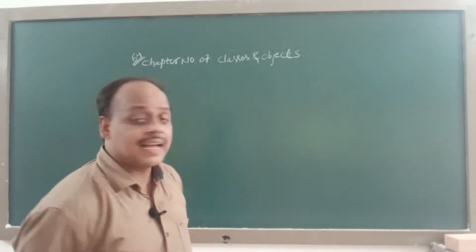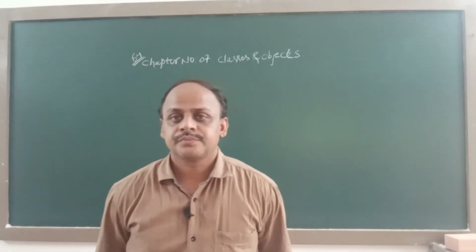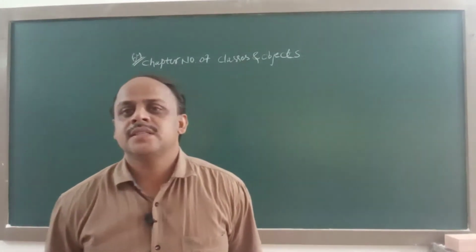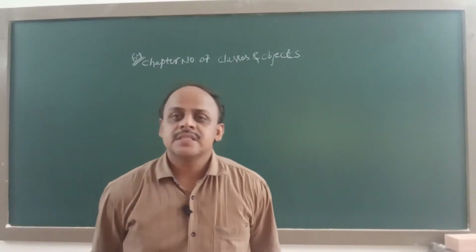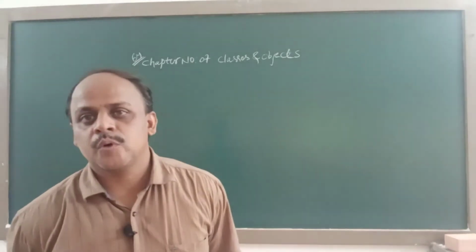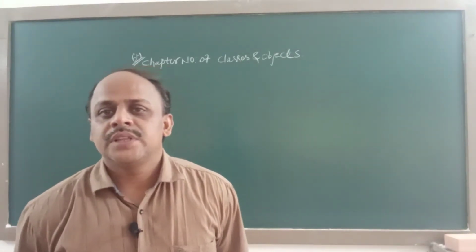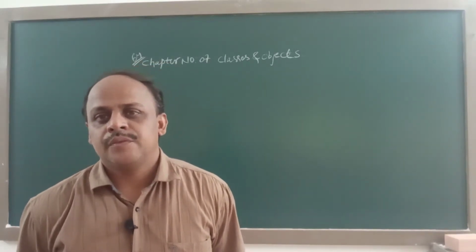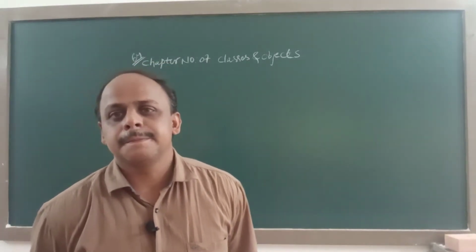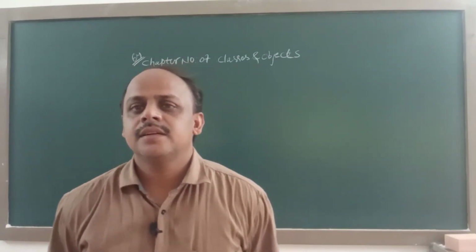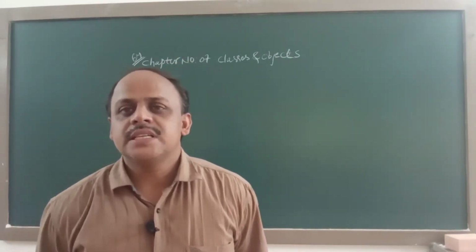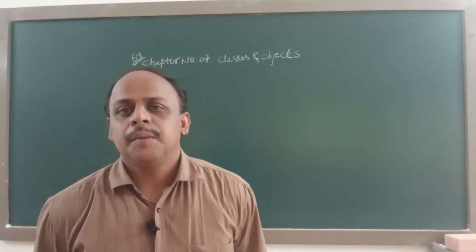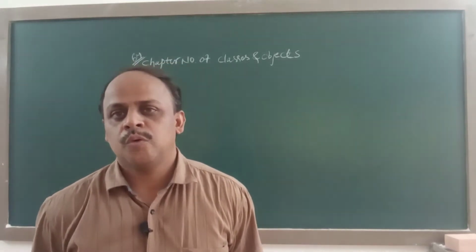So in the last class we discussed what is C++, what is OOP, and the differences between procedural programming language and object oriented programming language. Afterwards we discussed the features of OOP, also called the basic concepts of OOP.